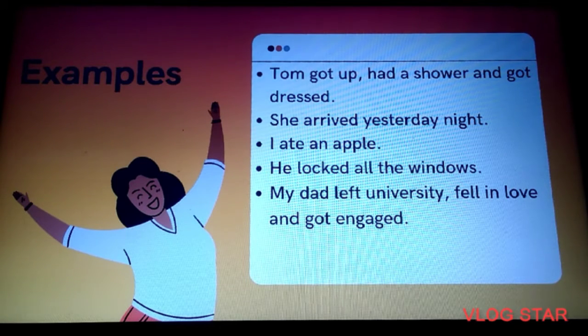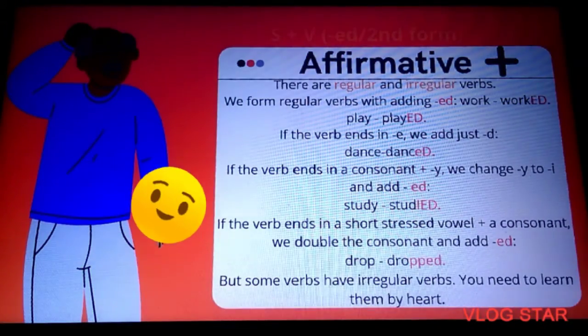I ate an apple, he locked all the windows, my dad left university, found love and got engaged. The last sentence means there are some actions which he did: he left university, then found love and got engaged. Now let's look at the structure of this past simple.